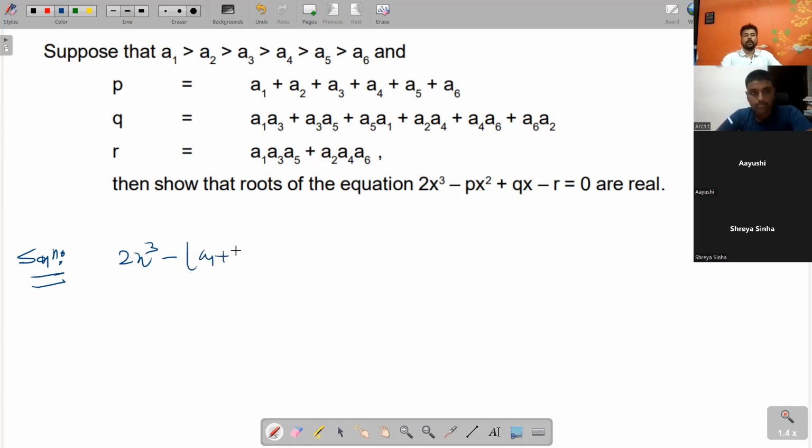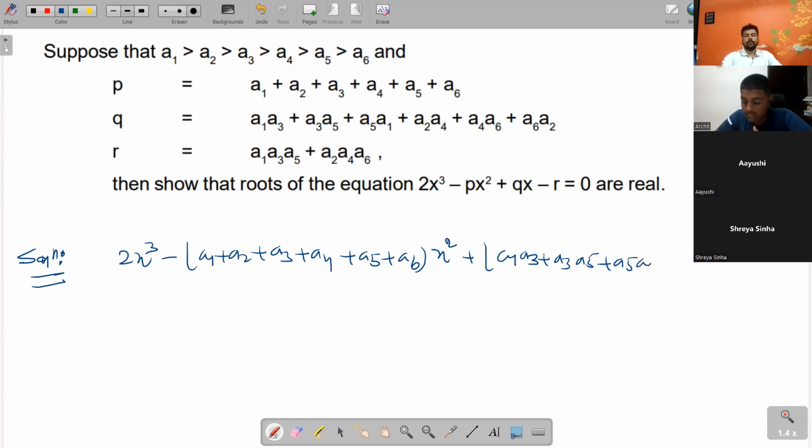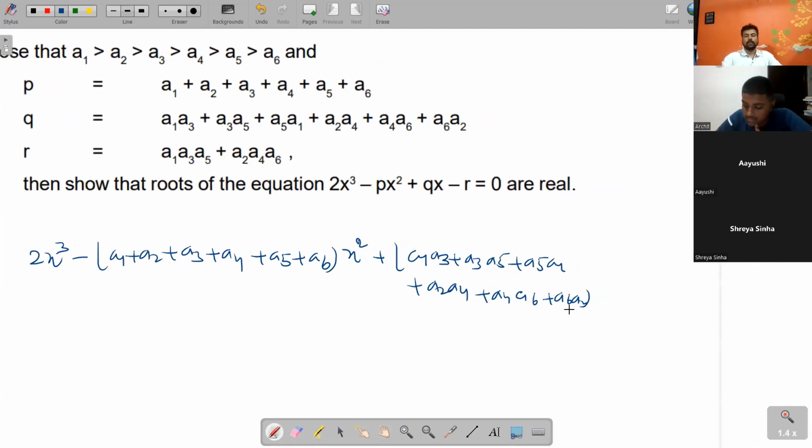So P is A1 plus A2 plus A3 plus A4 plus A5 plus A6 into x square, and Q is A1A3 plus A3A5 plus A5A1 plus A2A4 plus A4A6 plus A6A2 into x, and minus R. R is A1A3A5 minus A2A4A6 equal to 0.